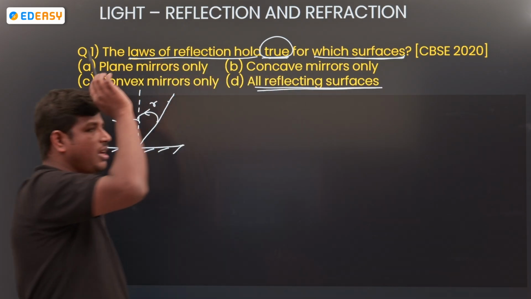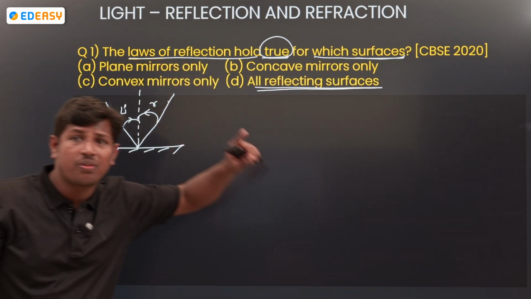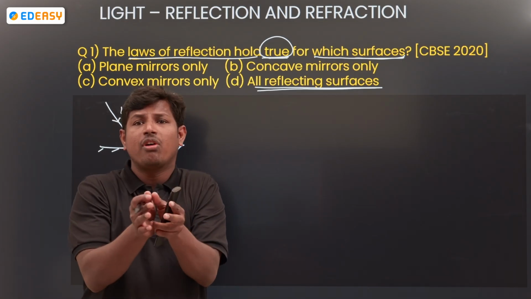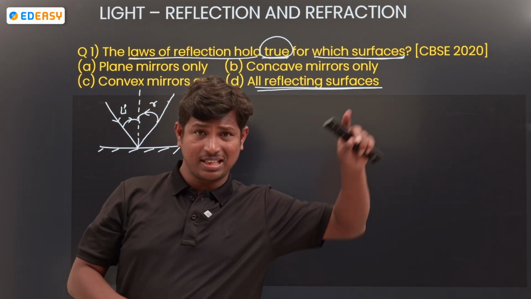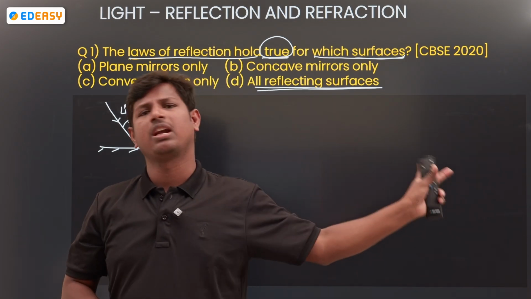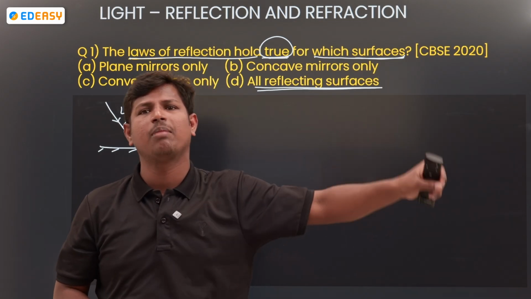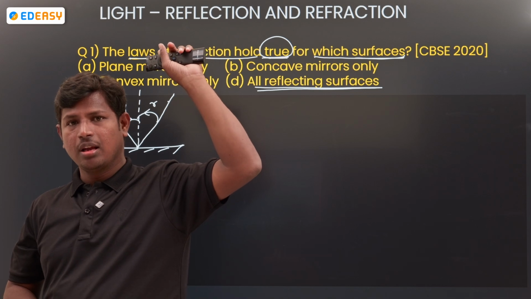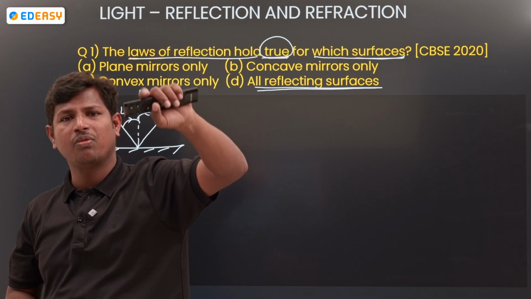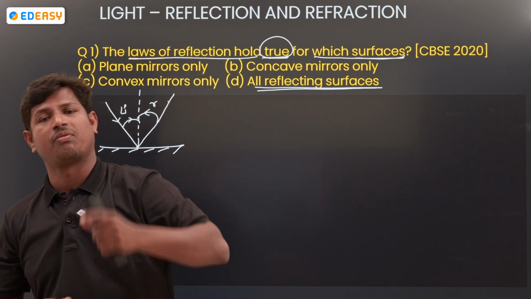Don't confuse it here. The law of reflection is true for all types of reflecting surfaces, whether it is rough or irregular or whatever it may be. It is applicable for all reflecting surfaces. Clear?